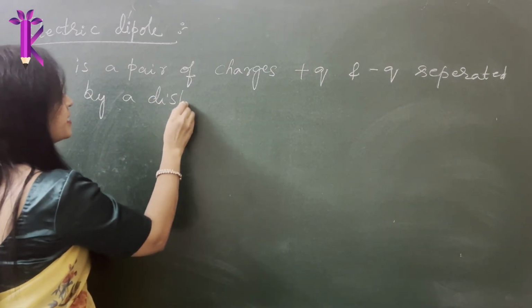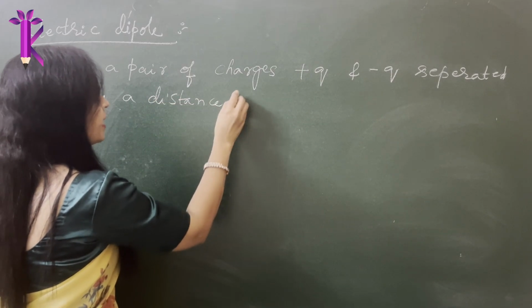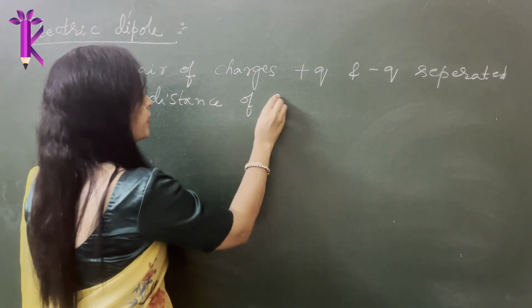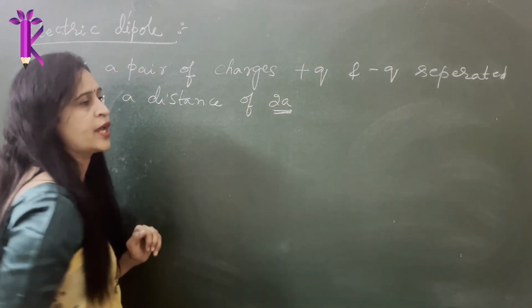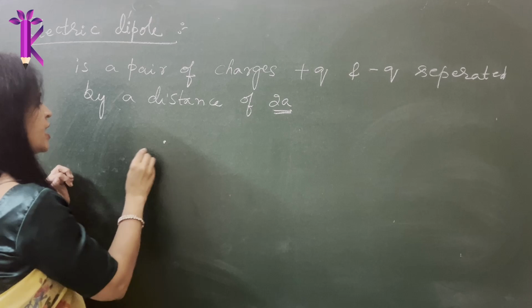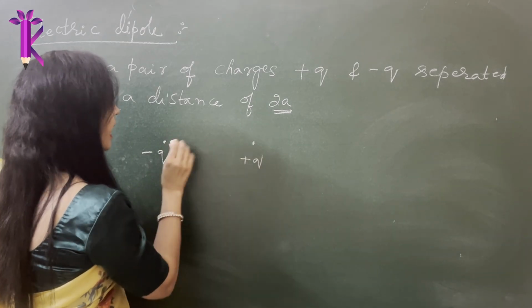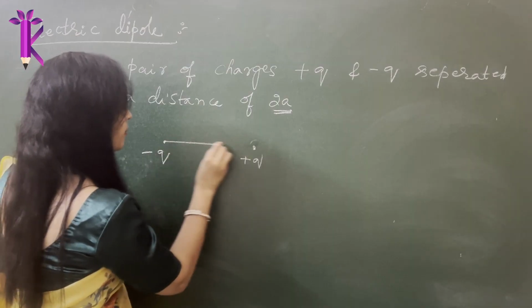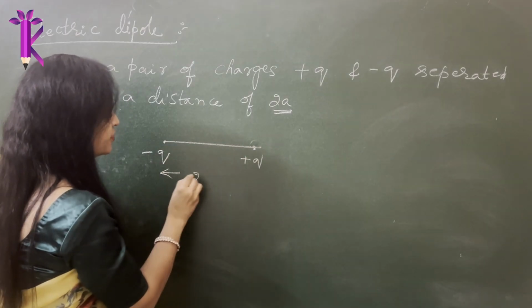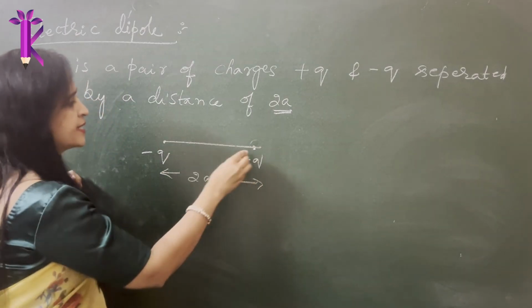How much is that distance? That distance we refer to as a distance of 2a. So they are separated by a distance 2a. Suppose you have a minus q charge here and a plus q charge placed here, and the distance of separation between them is 2a. This constitutes an electric dipole.